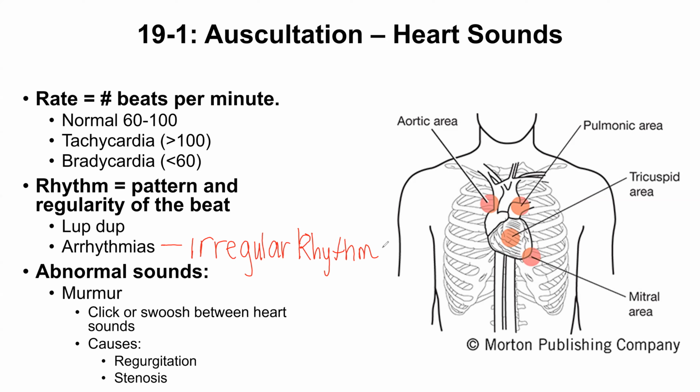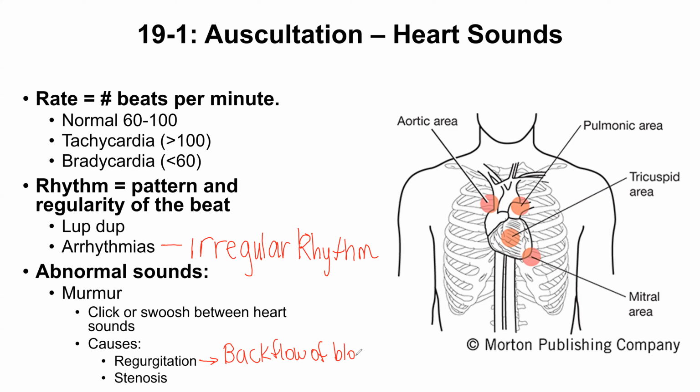Additionally, some sounds that you might hear that are not completely normal are things like a murmur, and this would sound like a click or a swoosh between heartbeats or between heart sounds. Some of the reasons for this would be things like regurgitation. If you guys remember, regurgitation is just backwards flow of blood.